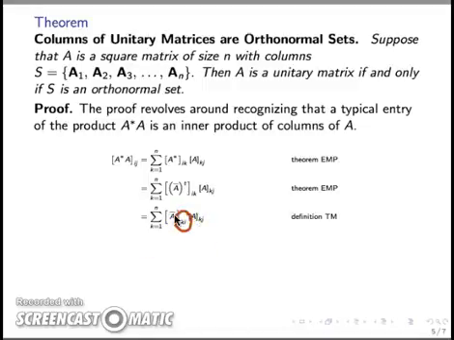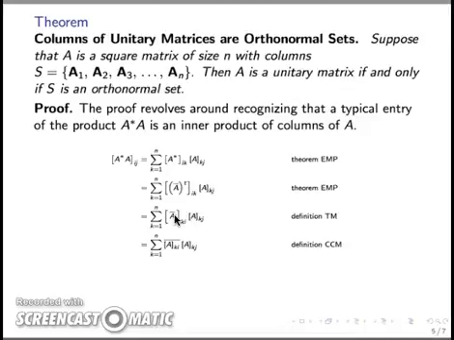That is simply applying the definition of transpose, and therefore this is interpreted as the conjugate of the kith entry of the matrix. We can understand this as the kth entry of the conjugate of the ith column, and similarly we can interpret this term as the kth entry of the column j.